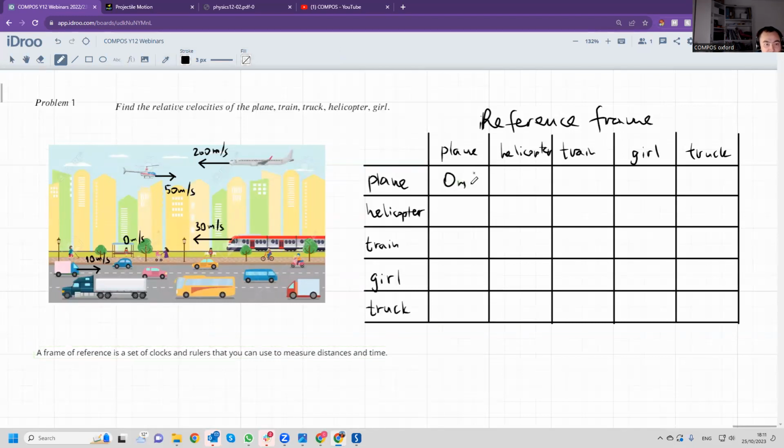If you're in the plane and you're looking at the helicopter, let's say right is positive and left is negative. So the velocity of the helicopter relative to you is plus 250 meters per second, because it's moving right at 250 meters per second.